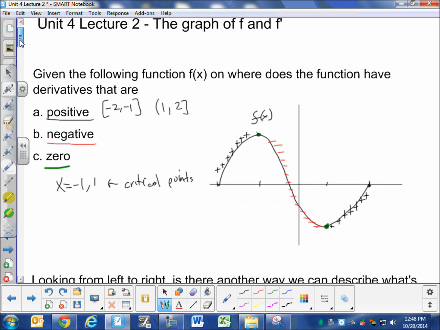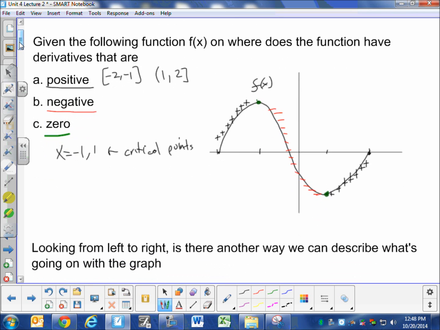Well, now, looking at this graph from left to right, looking at f, not really necessarily looking at the derivatives, but just looking at the function. So another way we can describe what's going on, say in the location where we have positive tangents, and in the location where we have negative tangents.